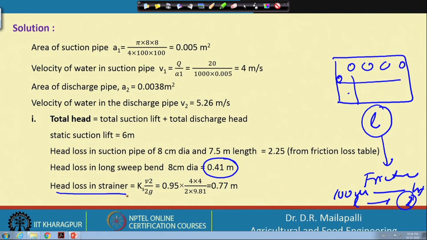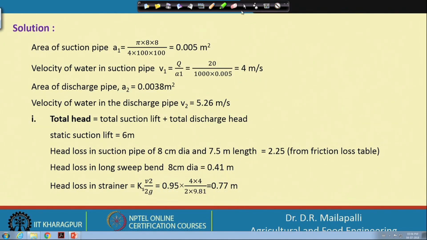Similarly, for head loss in the strainer there is an equation, Ks into V square by 2g. The velocity is estimated, and you get 0.77 meters for the strainer. For the suction we have the strainer and foot valve.